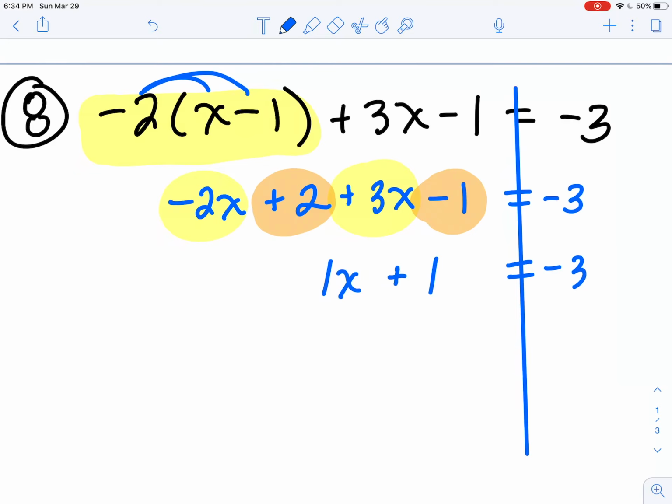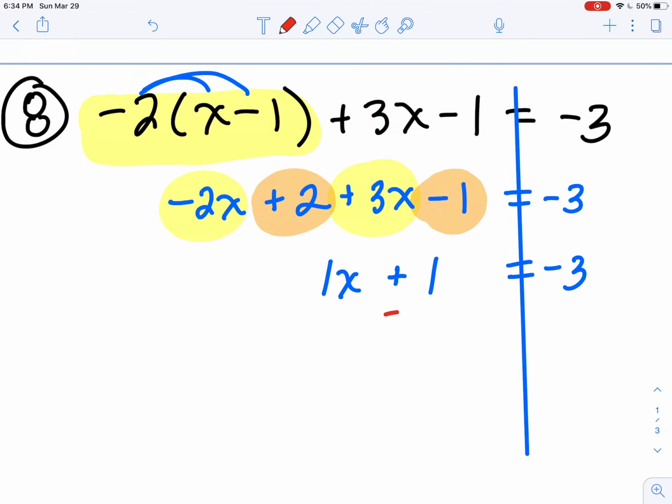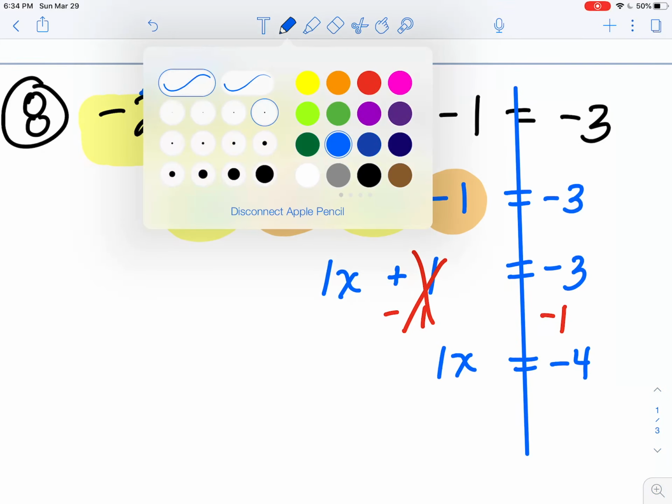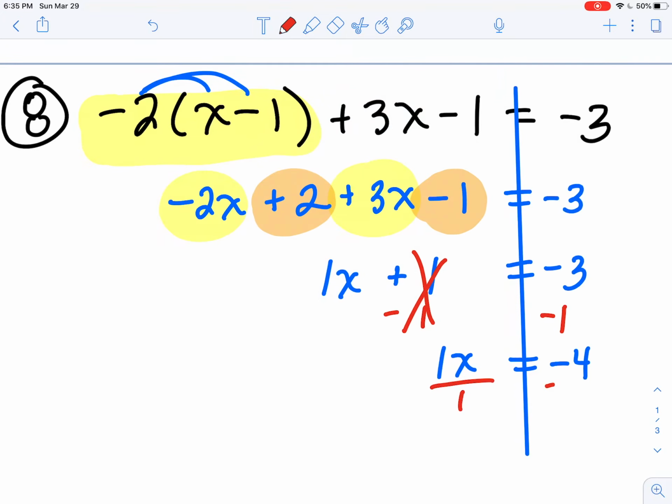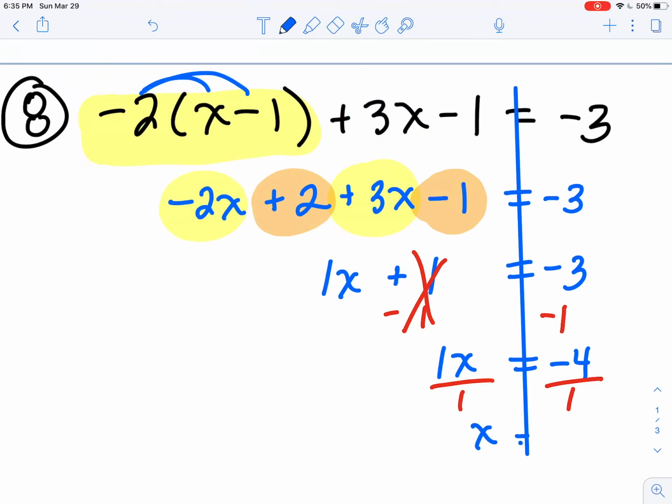Drop down the equals, drop down the negative 3. There aren't letters on both sides, so I skip that step, and then I add or subtract the number without the letter. Drop down the 1x equals negative 4. And then I divide both sides by 1. And I get that x equals negative 4.